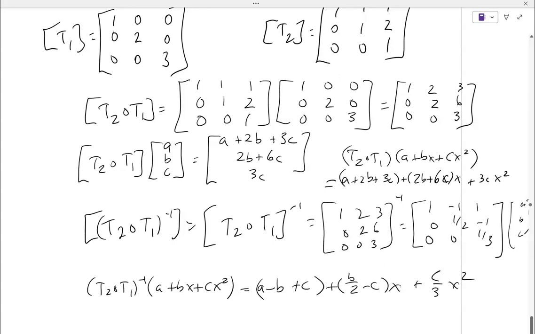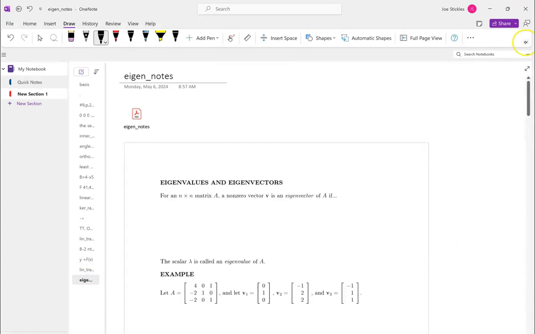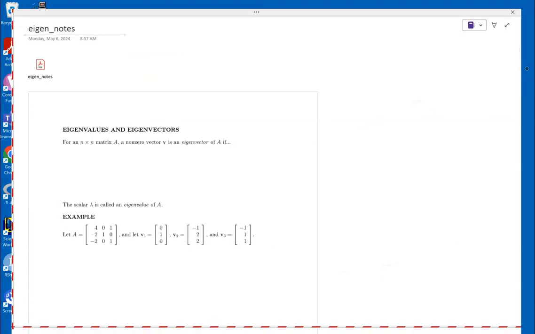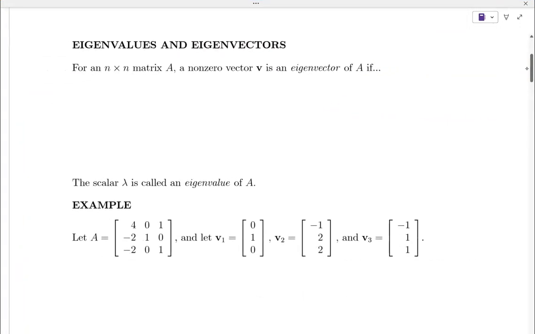So we've already talked about eigenvalues and eigenvectors before, but let's remind ourselves what we mean here. The whole goal of eigenvalues and eigenvectors is to be able to replace matrix multiplication with scalar multiplication.